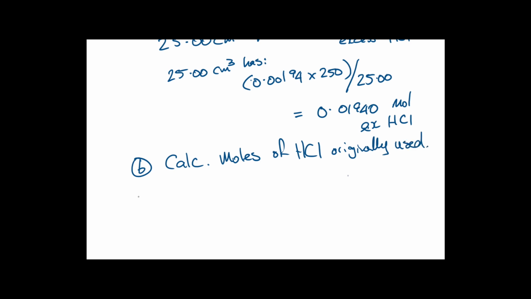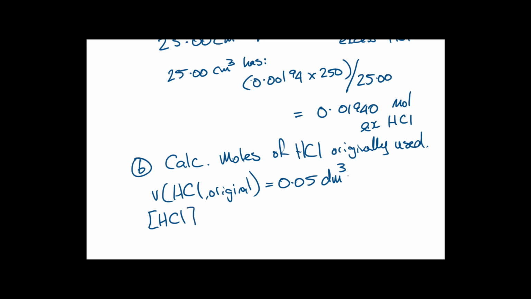The volume of the original hydrochloric acid is equal to 0.05 decimeters cubed, and the concentration is 1.0 moles per decimeter cubed.